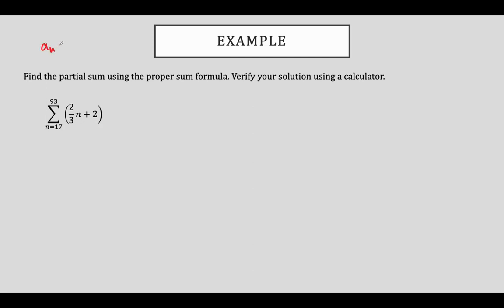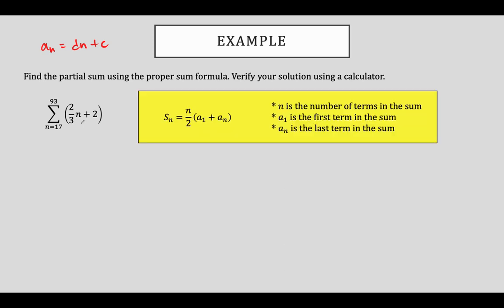Notice a subscript n equals d times n plus c, right? If we have a linear relationship, that means the sequence is arithmetic, and we can use our sum formula for a finite arithmetic sequence. So, in this case, we have to, again, determine n, a1, and a subscript n.